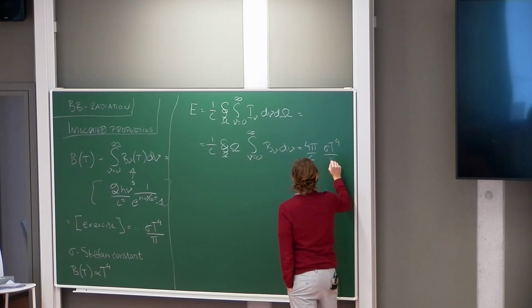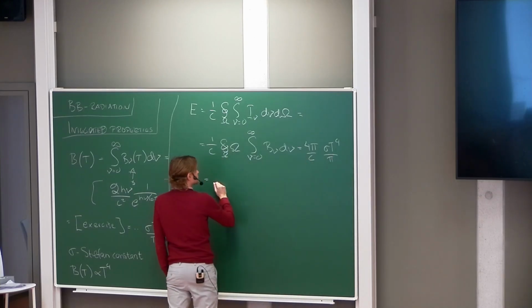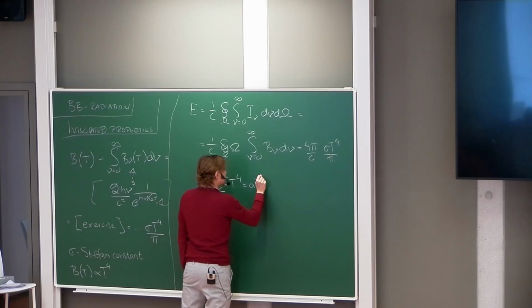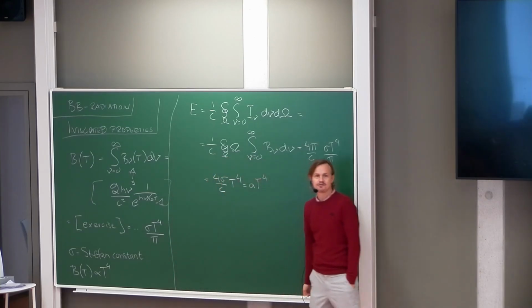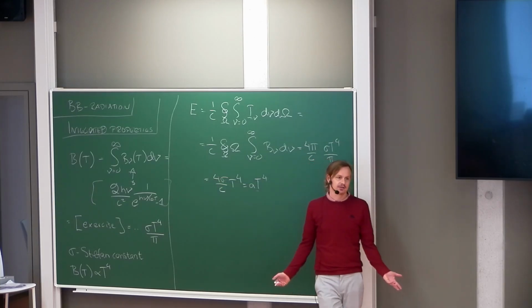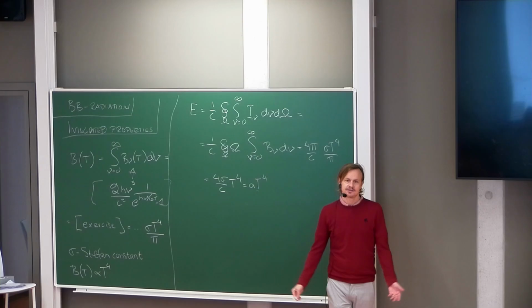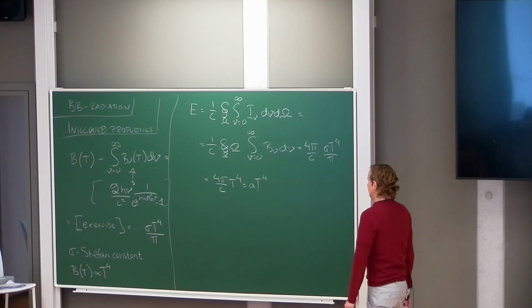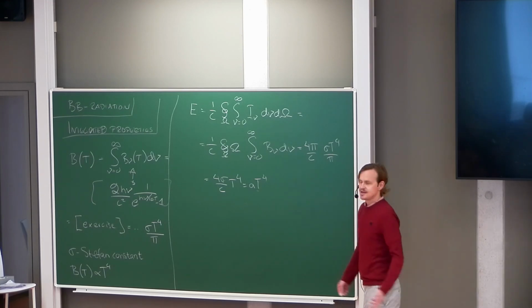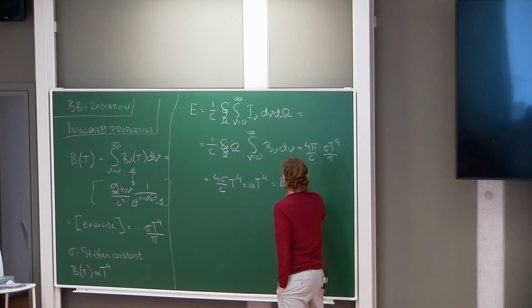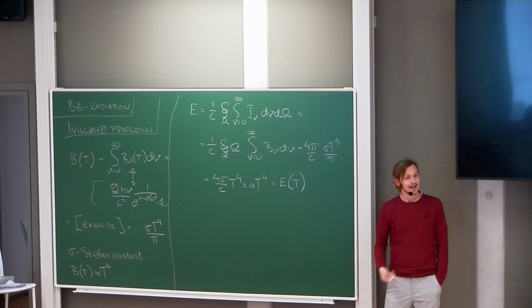So this becomes 4 sigma divided by c, times T^4, which you often see as a T^4, where a, of course, is equal to 4 sigma divided by c, and it's typically called the radiation constant. That's unfortunate because we have more letters to keep in our head, and a is not such an original letter. Anyway, that is the radiation constant, and this is then the energy density for a given temperature T of blackbody radiation.